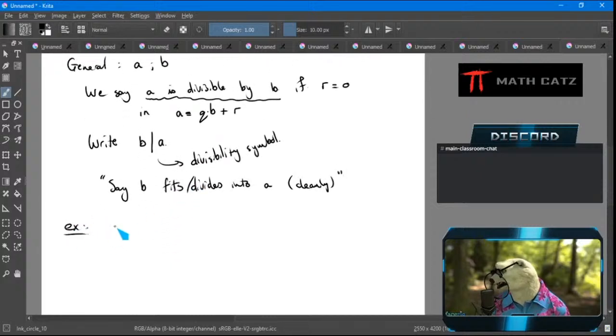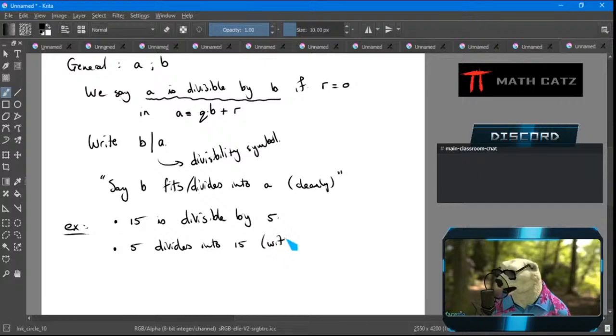Now, if I think back to my 15 and 5 example, I now have a divisibility. We could say many things here now. We could say 15 is divisible by 5. That's one way. I like to say it casually, there's no confusion in doing that: 5 divides into 15, implying then with no remainder. But we won't say it if there is a remainder.